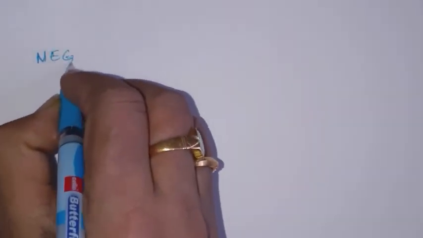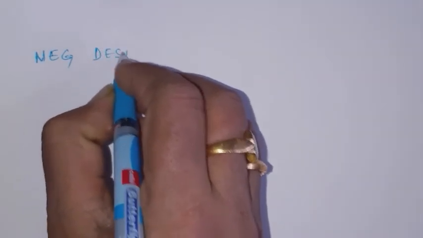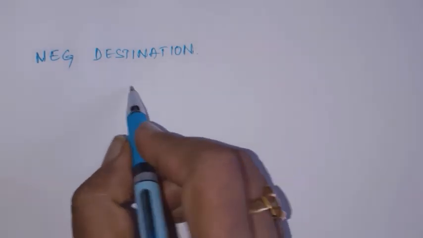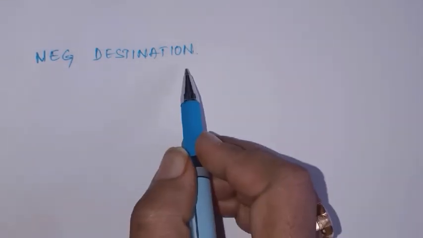Another instruction we have is negate. Negate destination. Again here destination can be a register or a memory location, and all flags are affected with this particular instruction.